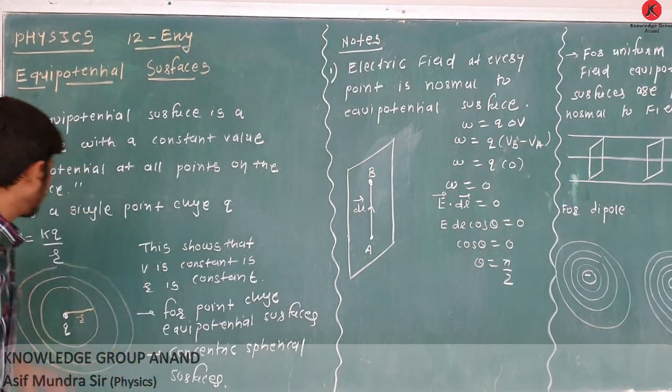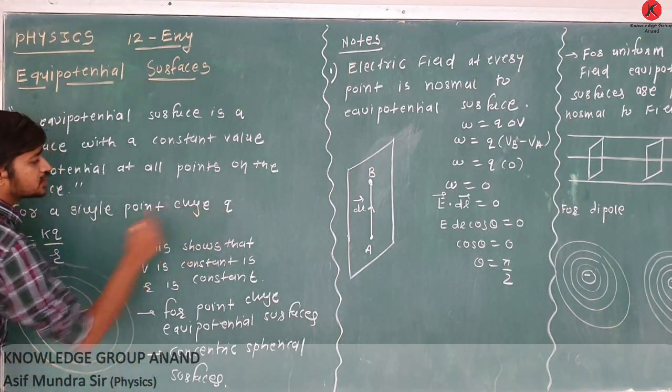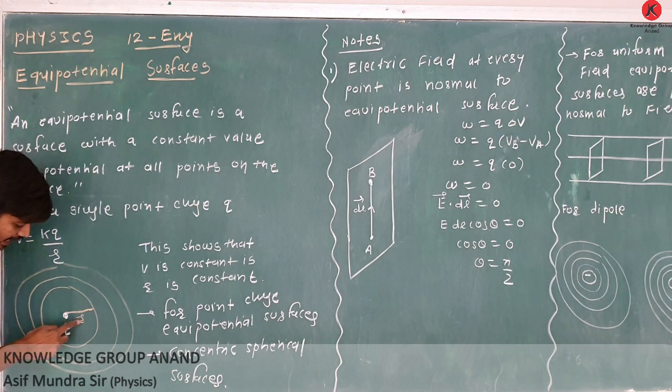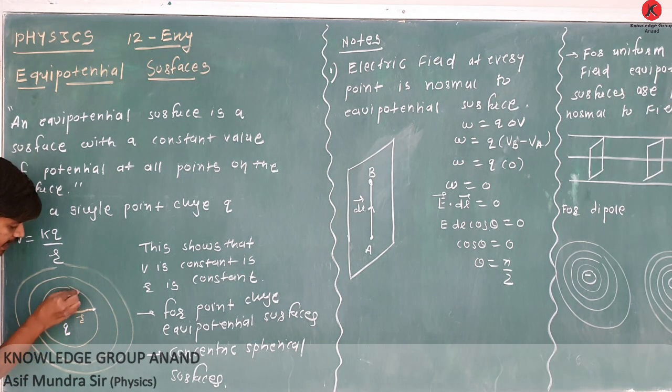How? See one example. Suppose we have a point charge Q. What is potential due to a point charge at distance r? V is equal to kq upon r. At distance r, at this point, the potential is kq upon r. This side, kq upon r.